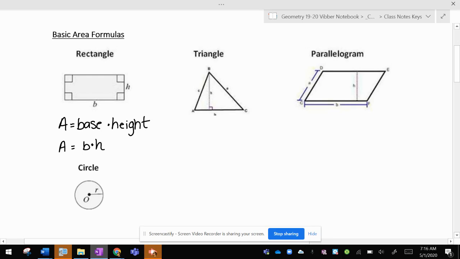Easy peasy. Then, if you want the area of a triangle, you probably remember that that is 1/2 the area of the base times the height. You can write this as 1/2 BH, or you could write it as base times height divided by 2.